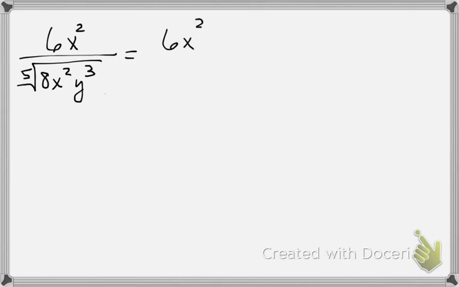So we got 6x squared over the fifth root of what? 2 cubed x squared y cubed. So to rationalize the denominator, what do I need to multiply by?